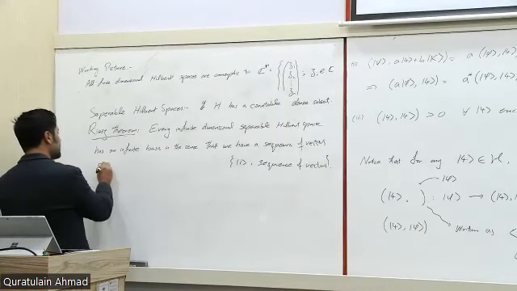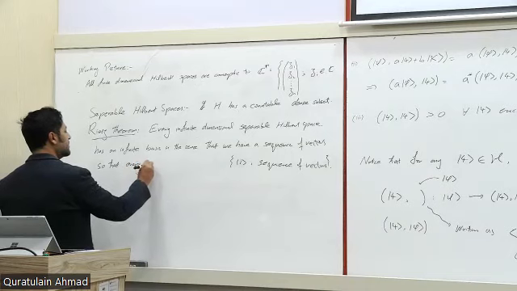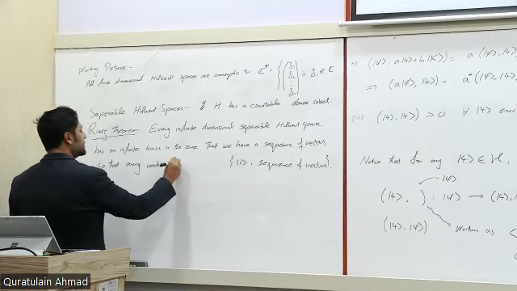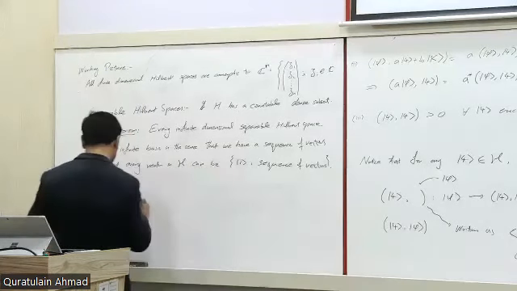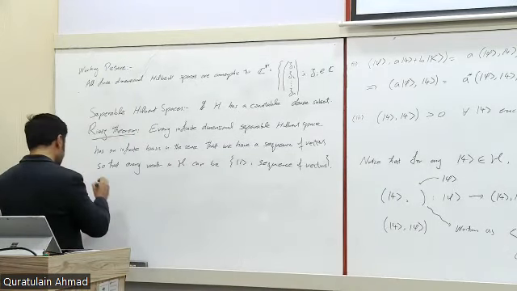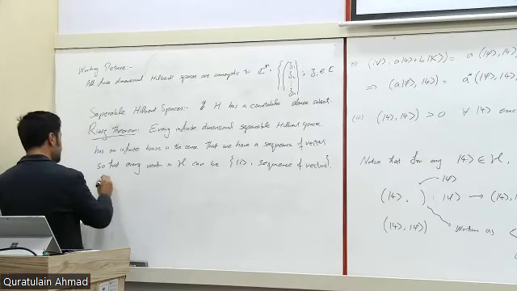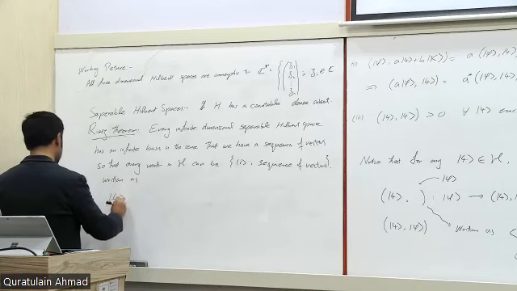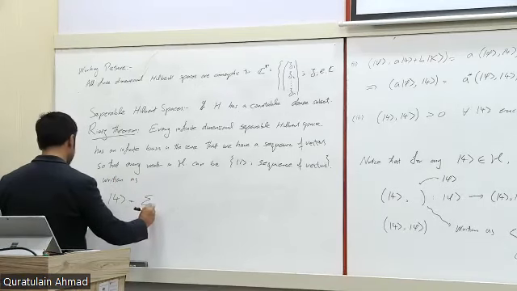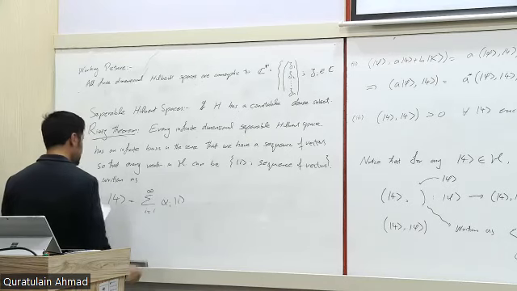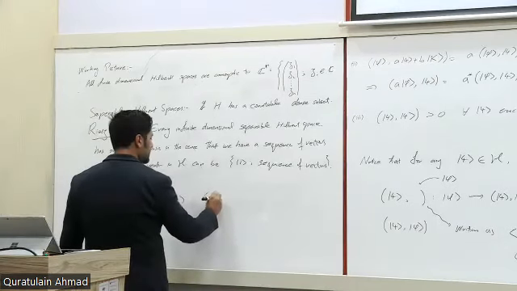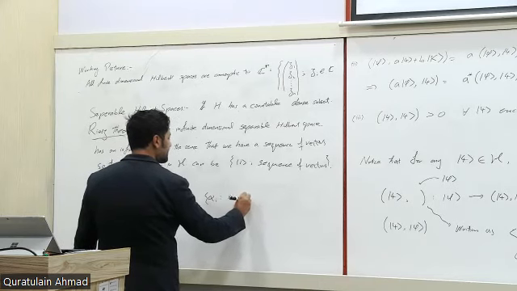So that every vector in H can be written as this, where alpha i is a unique sequence.